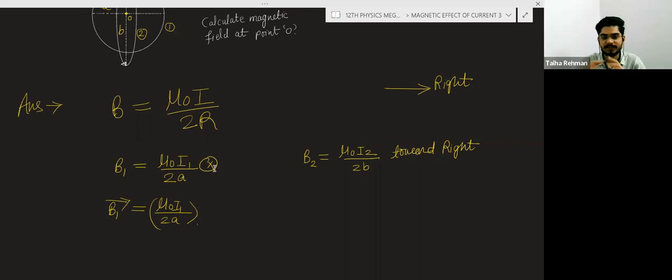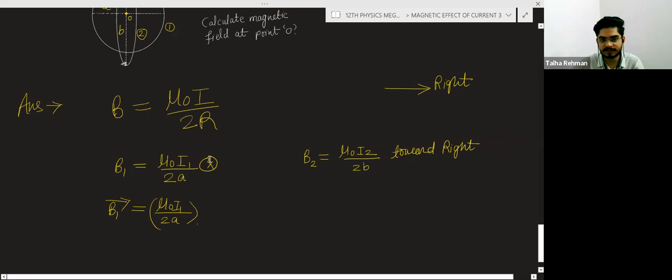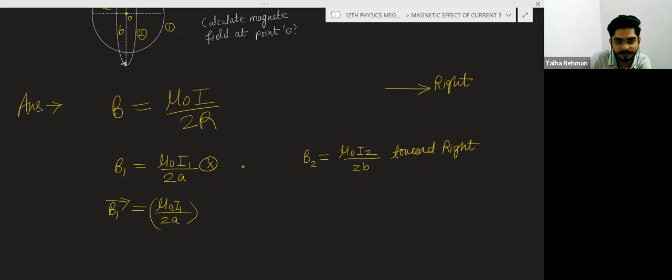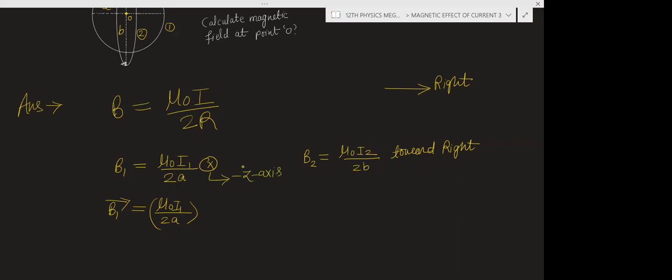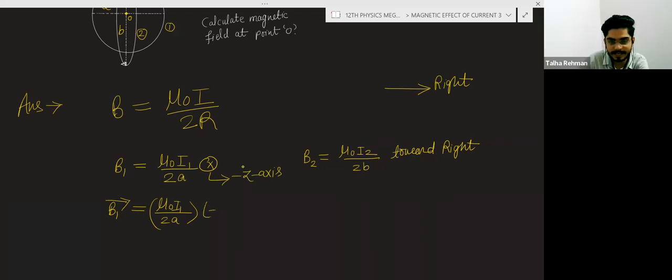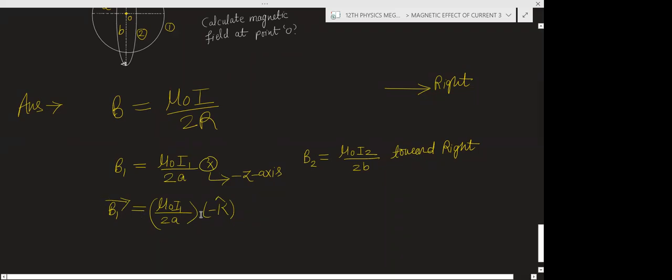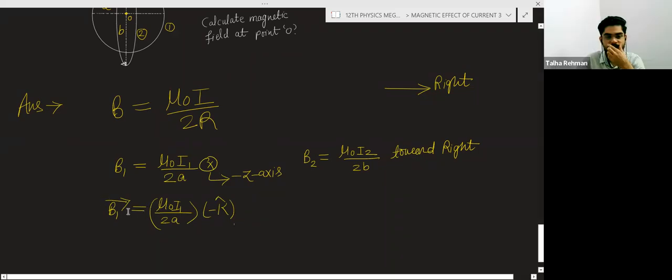I am talking about this, which represents the negative z axis. Just check in your notes. Minus j cap? Not minus j cap, minus k cap. Okay, yes, this is minus k cap. Sorry, this is v1.